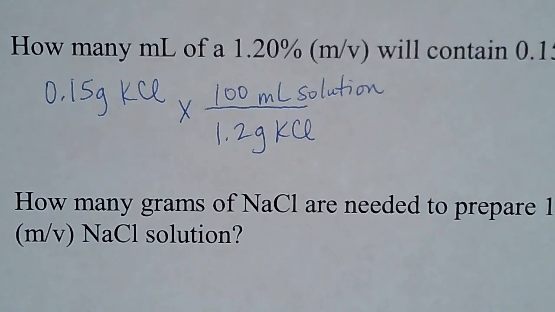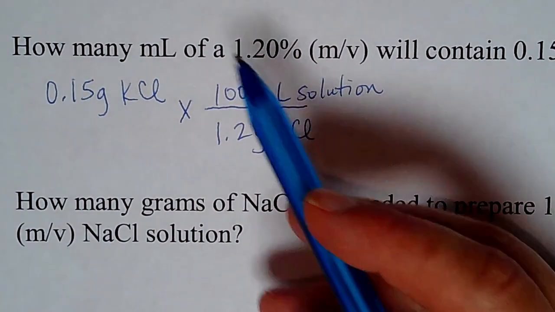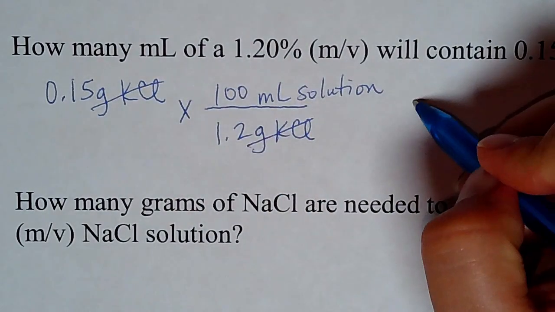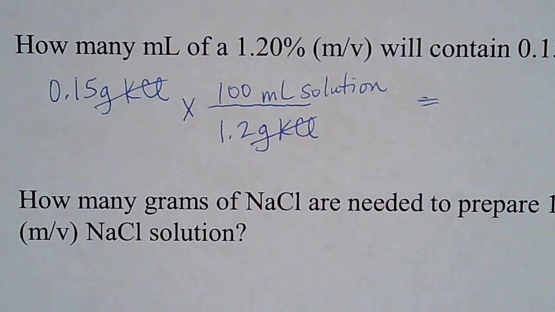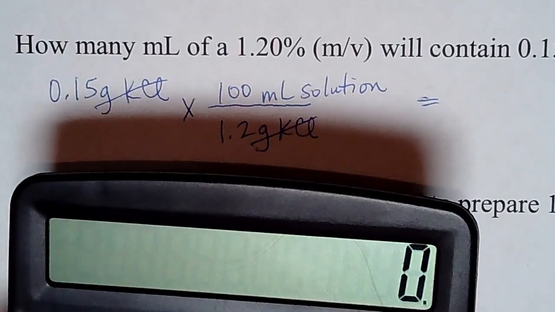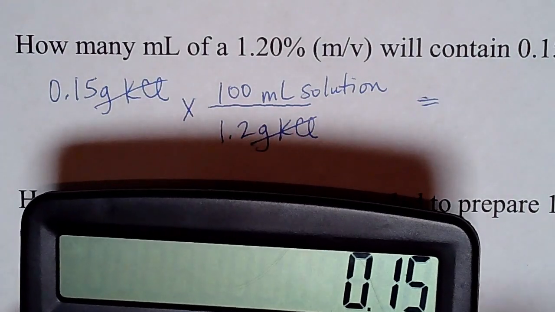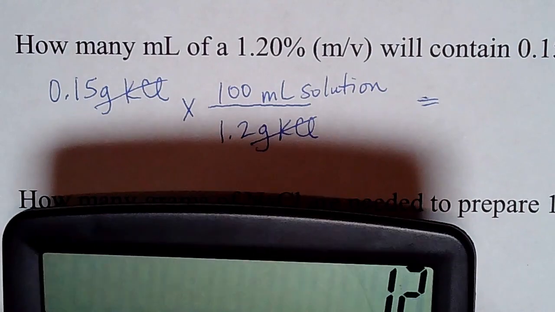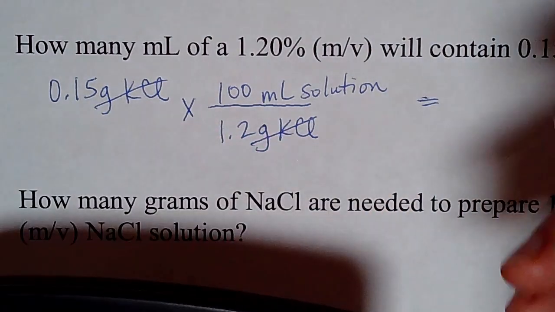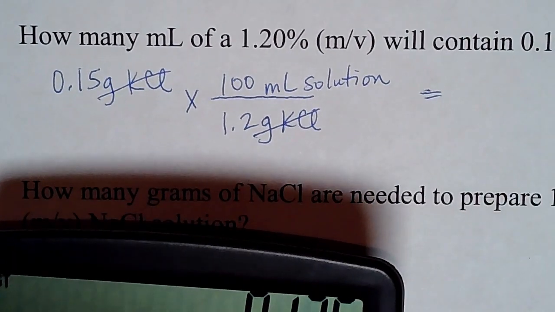Alright, so I'm going to set it up as a conversion factor so that my grams are going to cancel. So now I have 0.15 divided by 1.2 and then times 100.